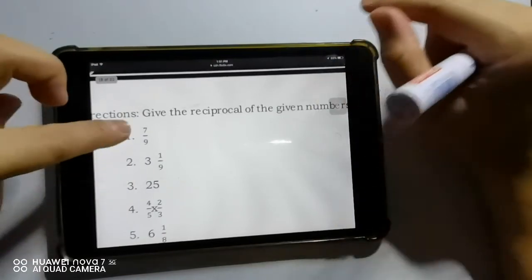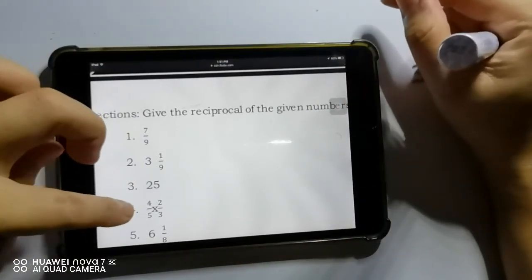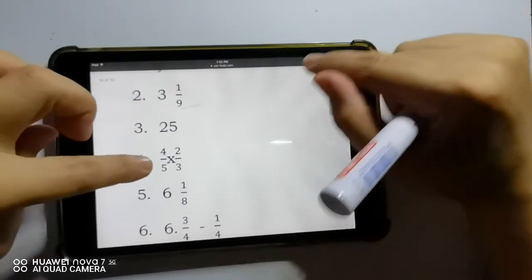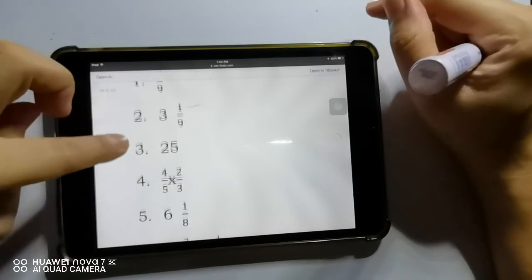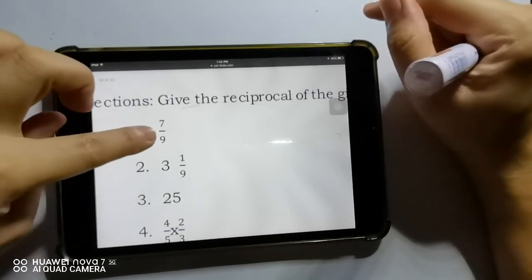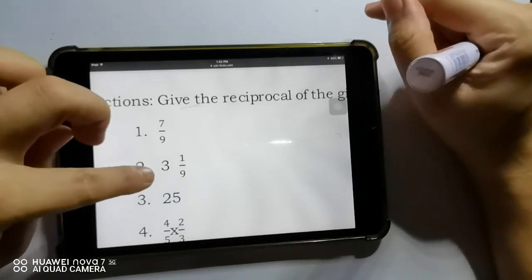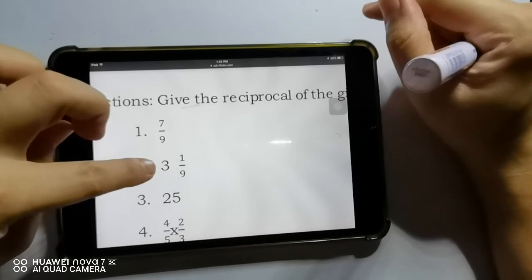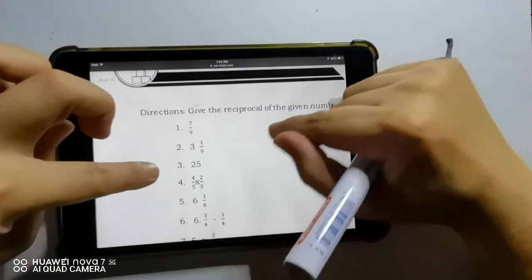Ito naman, i-multiply mo muna siya bago mo siya i-reciprocal. Ito, you get the reciprocal. This one, para may reciprocal mo siya, kunin mo muna yung mixed form, bago mo kunin yung kanyang reciprocal.